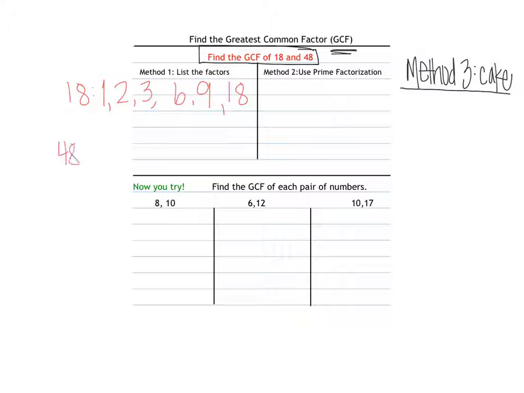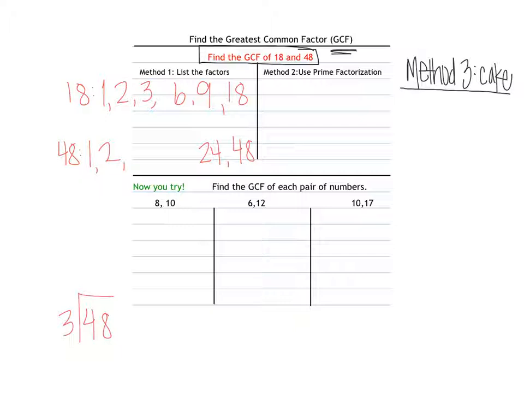For 48, I know that 1 and 48, it's even, so I know that 2 and 24 are factors. I know that 3, and can 48 be divided by 3?